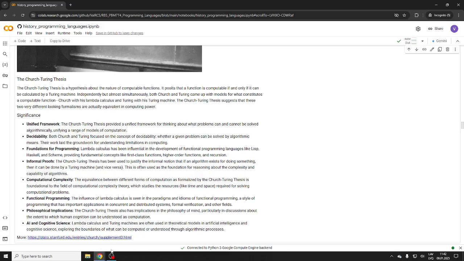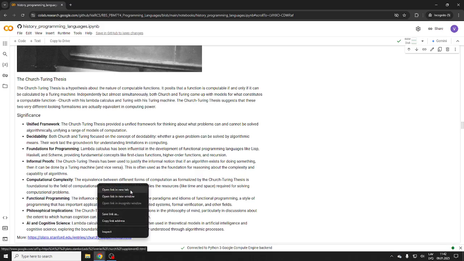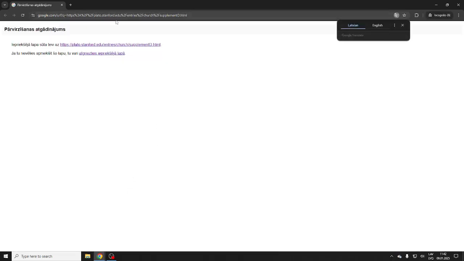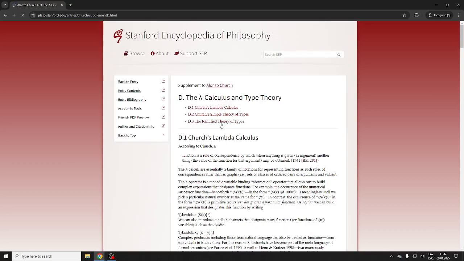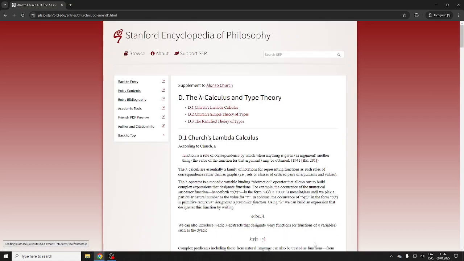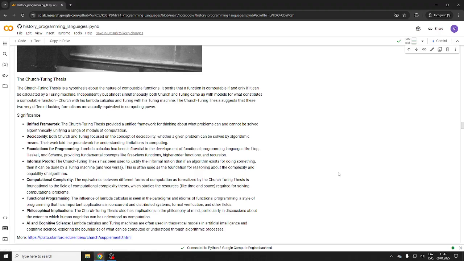If you're interested in the philosophical part, the Stanford Encyclopedia of Philosophy has a pretty good overview of what he came up with. But luckily for you, we're not going to go heavily into Church's lambda calculus.